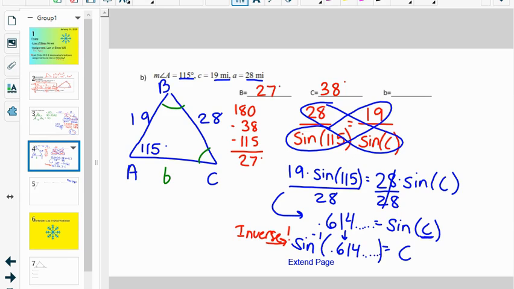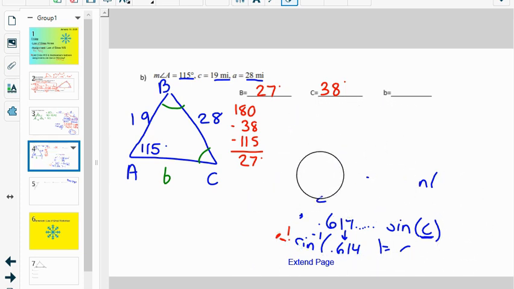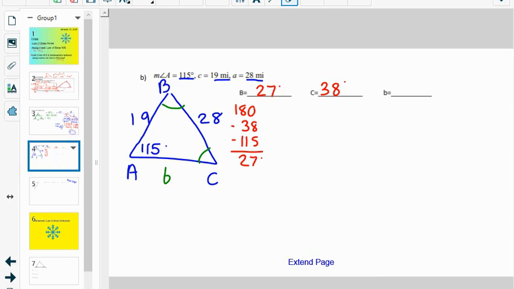All right, last one is finding side B. So I'm going to erase this, that way I've got some more space. All right, so to find side B, we're going to have to use the law of sines. Start with what you know. You know side A, you know angle A. Over here, we're going to put what we don't know.